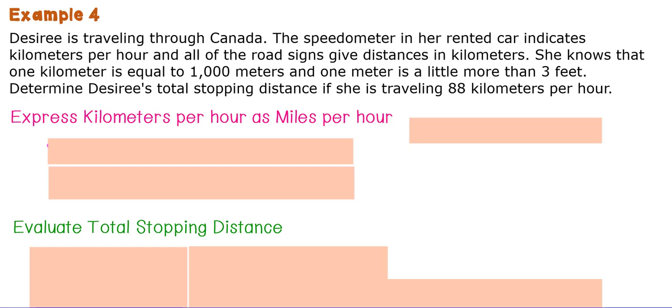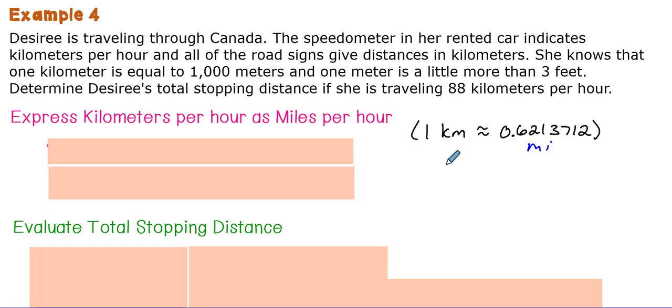So one thing to keep in mind is that 1 kilometer is approximately 0.6213712 miles. Okay, and you can set up a proportion like we have in the past where let's put kilometers on top, miles on the bottom, and our proportion would be 1 over 0.6213712.